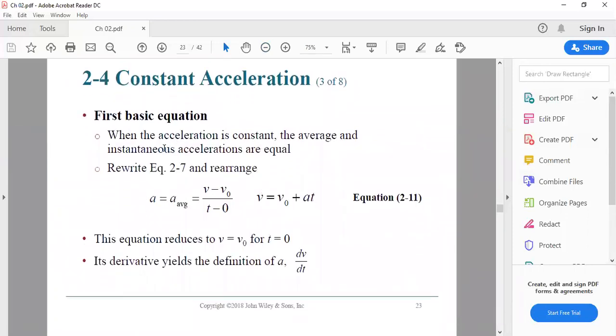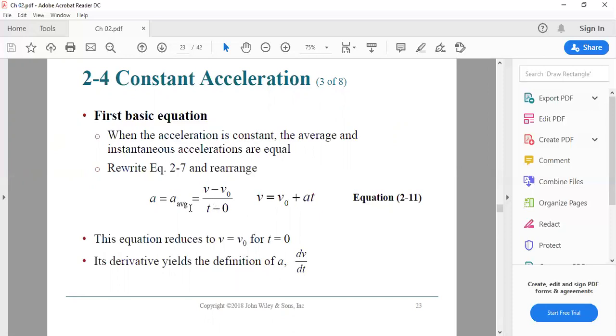So the first basic equation. When an acceleration is constant, the average and instantaneous accelerations are going to be equal. So if you take the definition of acceleration, the average acceleration is going to be whatever your final velocity is minus the initial velocity, and we assume here we're starting at 0, divided by whatever time we end up achieving this particular velocity, t seconds away.